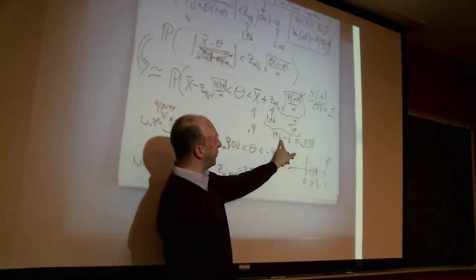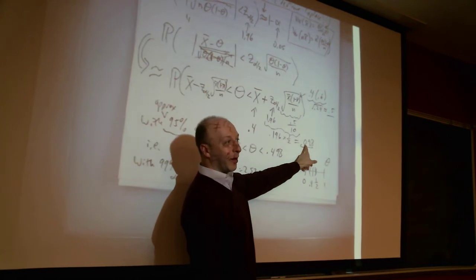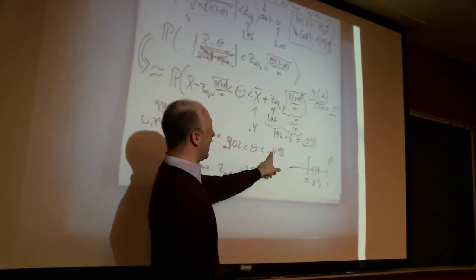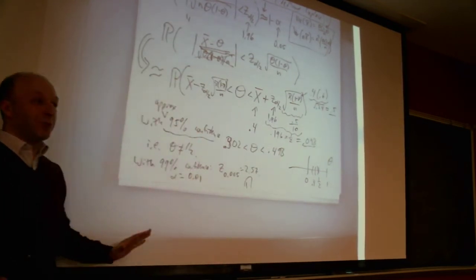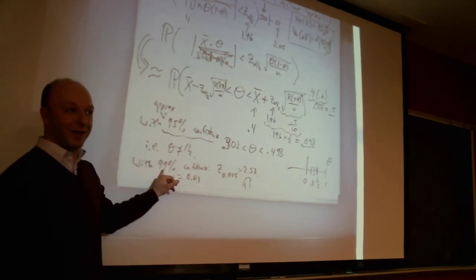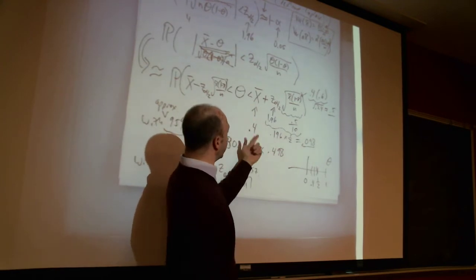And if I take half of 2.57, that is going to be bigger than 0.1. In other words, all of a sudden, this interval contains 0.5. So I cannot rule out with 99% confidence that the coin is fair. You mean contains 0.5? Contains 0.5, yes. So it's centered around 0.4.